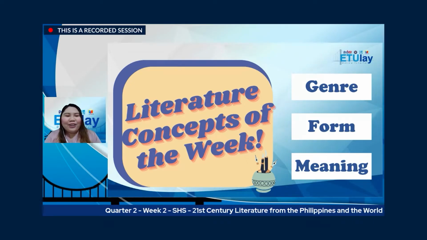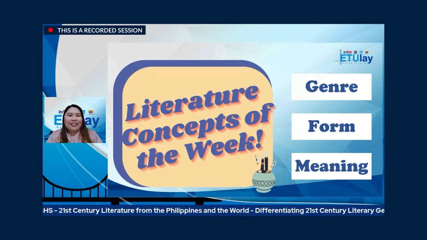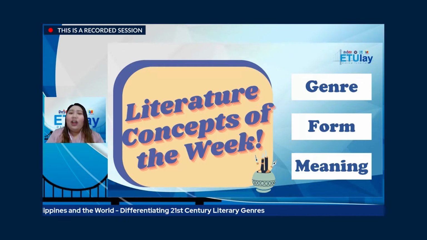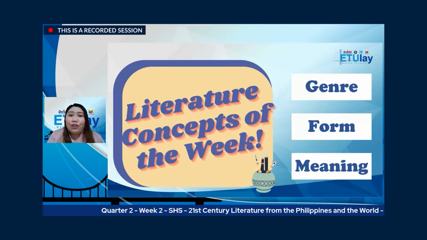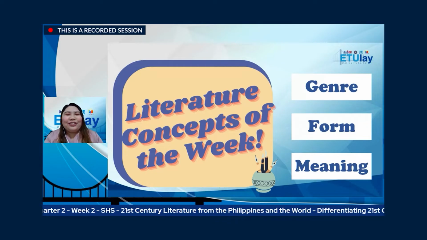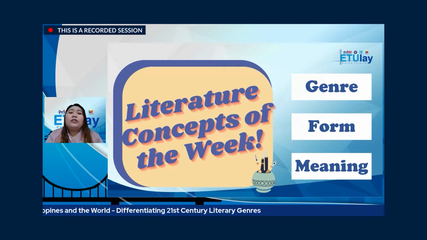Since we already learned what forms and genres are, let's combine them together with content. If there's content, there is meaning that we get from a piece of writing. Meaning is generally the writer's message to you, the reader. Writers across the globe select various forms and genres to help them express the meaning of their texts.